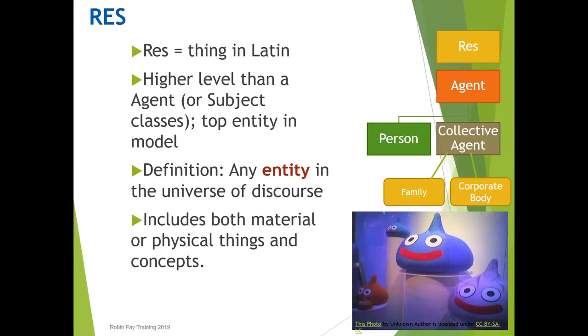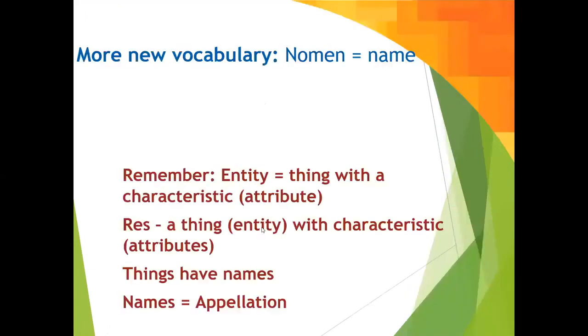But an entity, any entity in the universe of discourse is what res is. And the universe of discourse would be anything that we might get, collect, acquire, any of that kind of stuff. So you remember when you're talking about super and we're talking about sub, res would be a super class because it's going to be up there higher than agent and person and things like that.